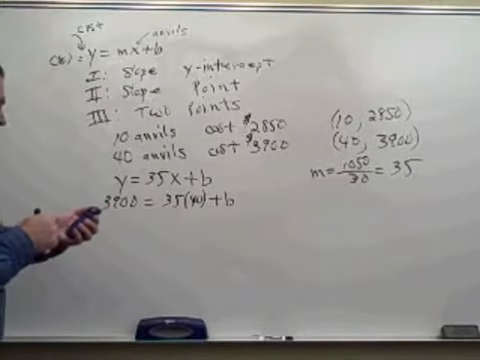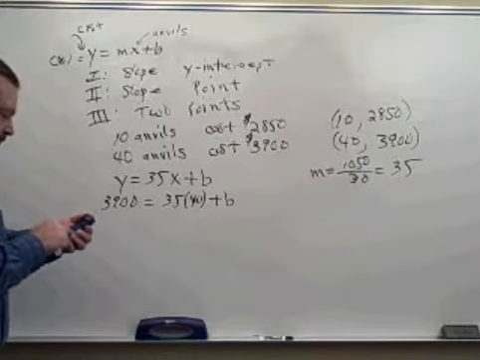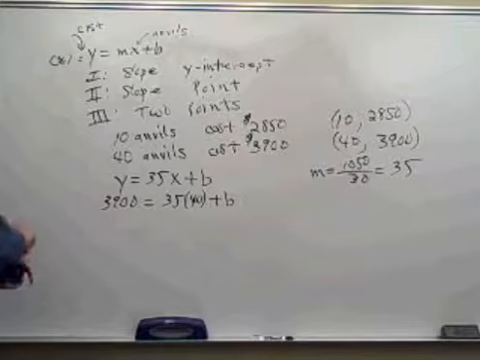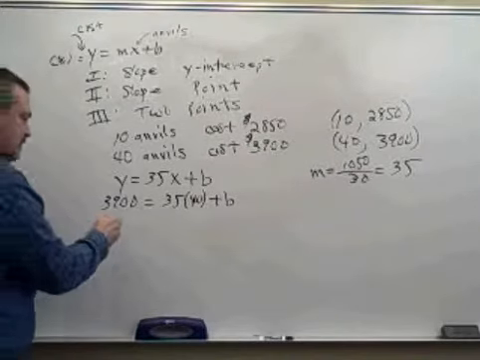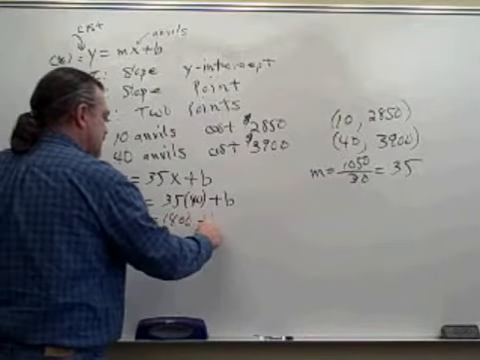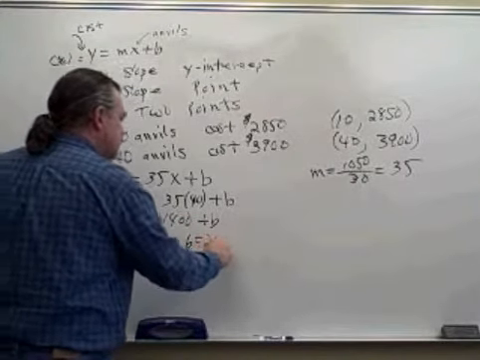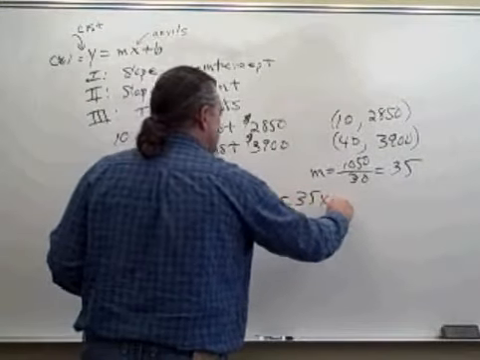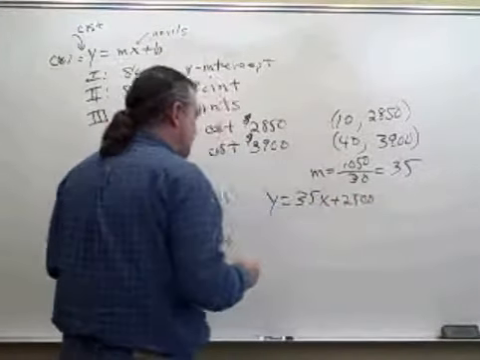If we take 35 times 40, that gives us 1,400. So we have 3,900 equals 1,400 plus b. b equals 2,500. Our equation: y equals 35x plus 2,500.